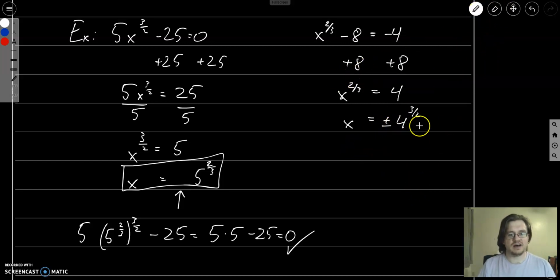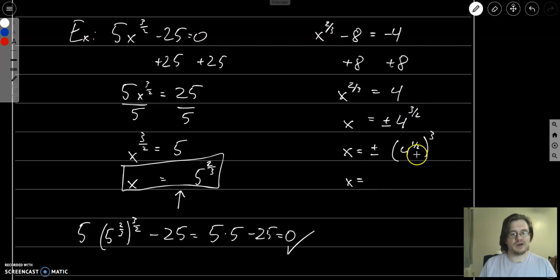After that, I can simplify this a little bit. For instance here, 4 to the 3/2 power, this is the same thing as 4 to the 1/2 power to the 3rd power, since 3 times 1/2 is 3/2.